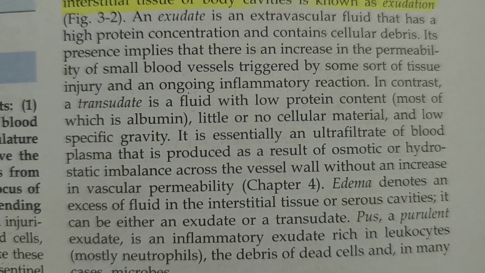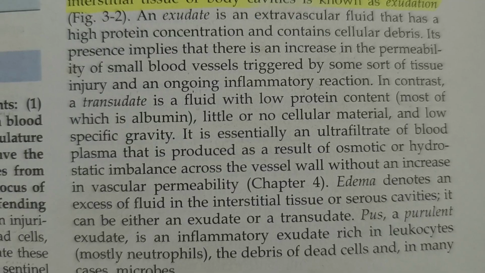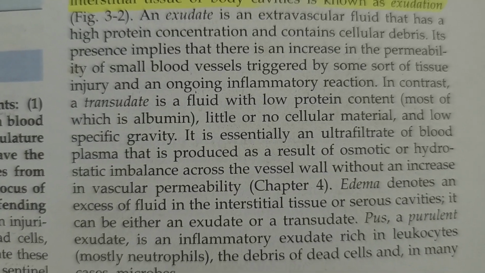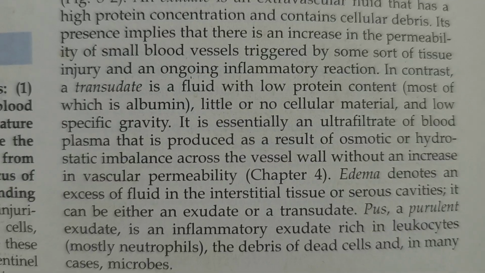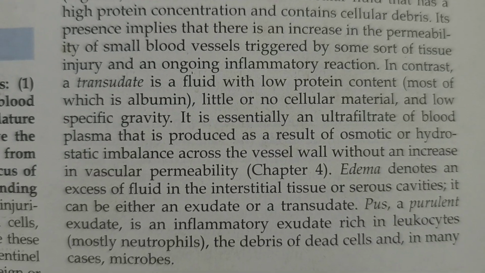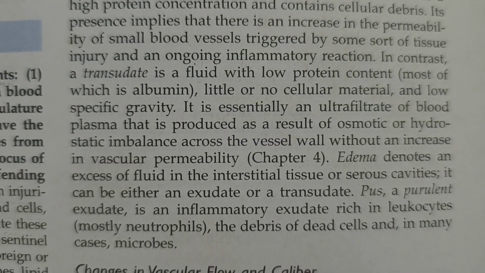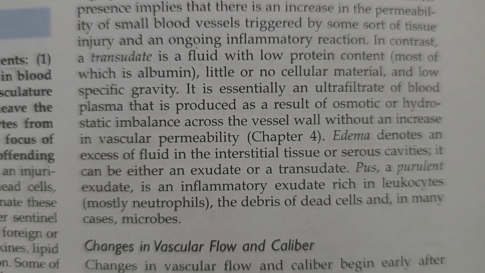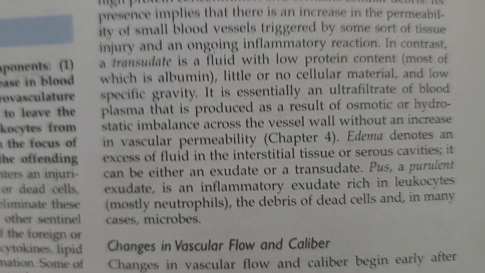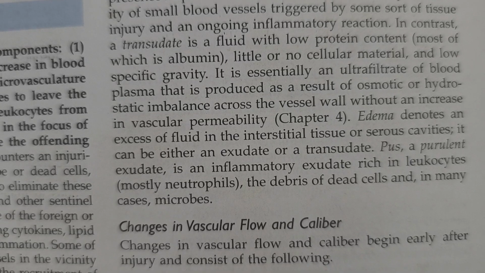An exudate is an extravascular fluid that has high protein concentration and contains some cellular debris. Its presence implies that there is an increase in permeability of blood vessels triggered by some sort of tissue injury and ongoing inflammatory reactions.